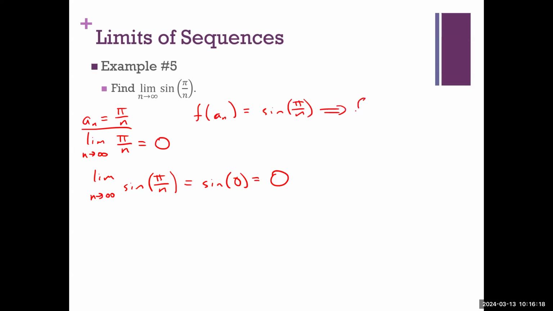So by default, what does f have to be? It has to be sine of x, right? Is f a sequence? Can I say that? Are the things going into f integers? Many of the pi over n values, none of those are going to be integers. So f is really and truly a real-valued continuous function.